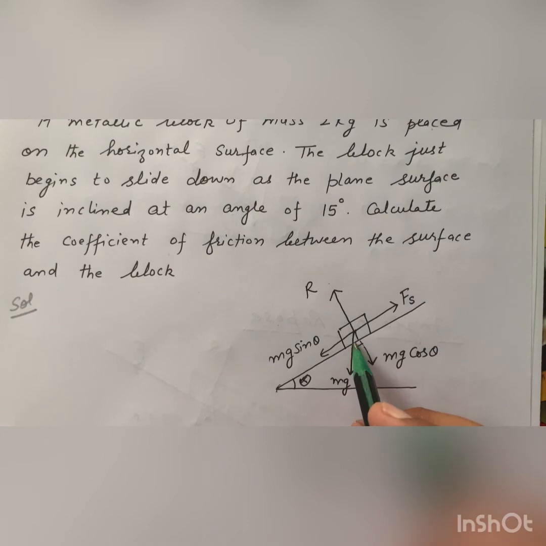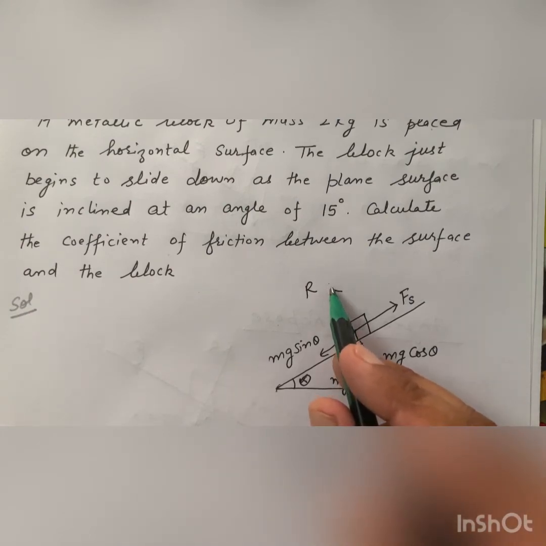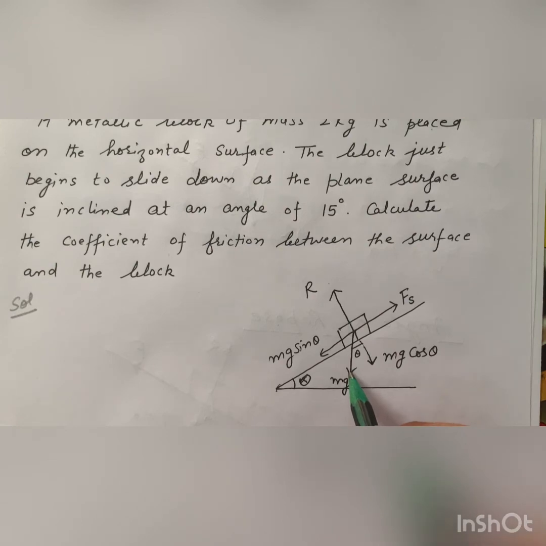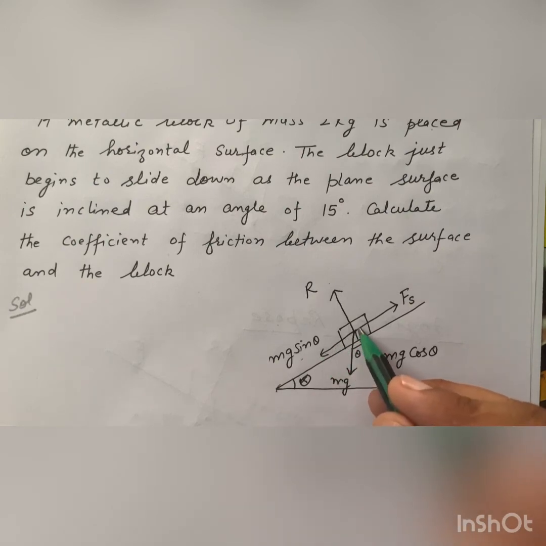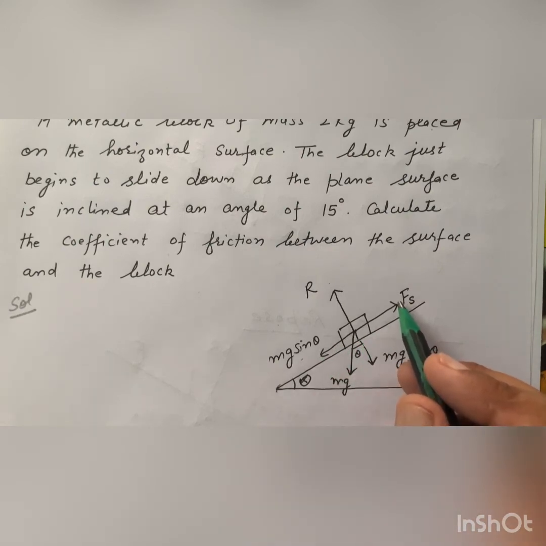Here the weight of the body is acting downward and normal reaction in this direction. The component of mg along this direction is mg cos theta, and along this direction is mg sin theta. As the body is just on the verge of motion, the force of friction is in this direction.